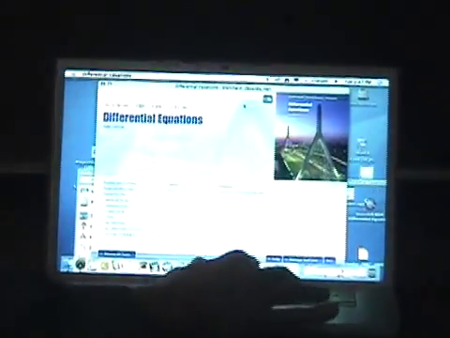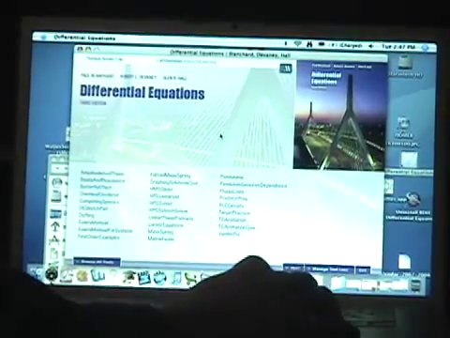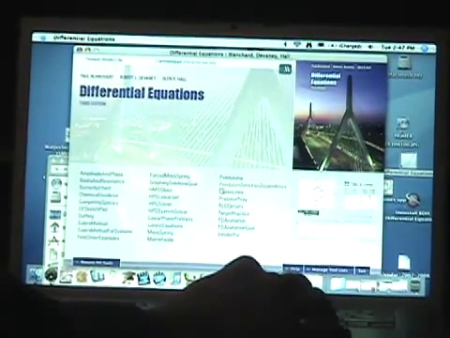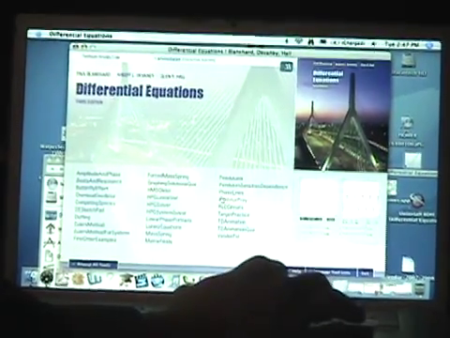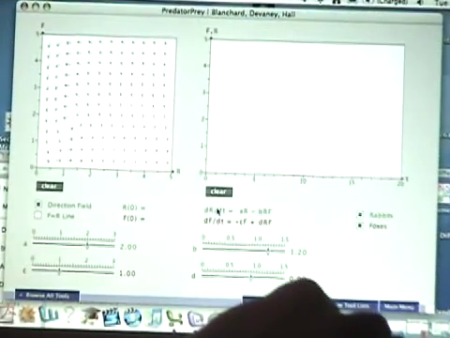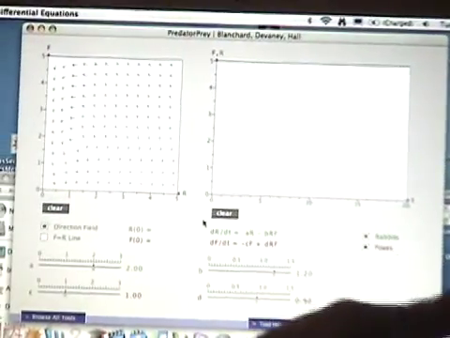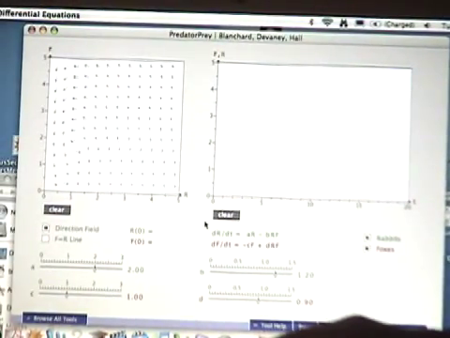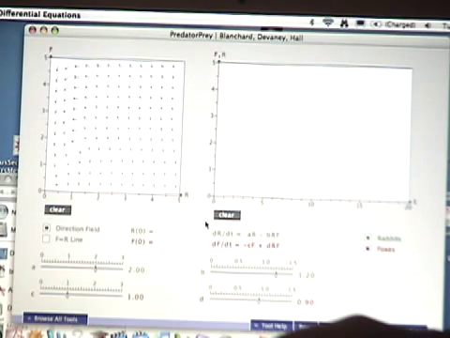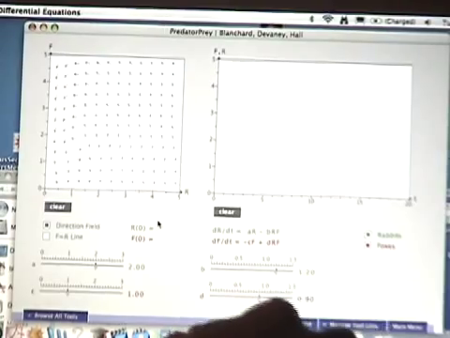So zoom in on that there. We're going to go down to predator-prey. Click on that. And by default, I've chosen the numbers for the parameters, the coefficients that are on the CD-ROM. They're also the examples from the book.